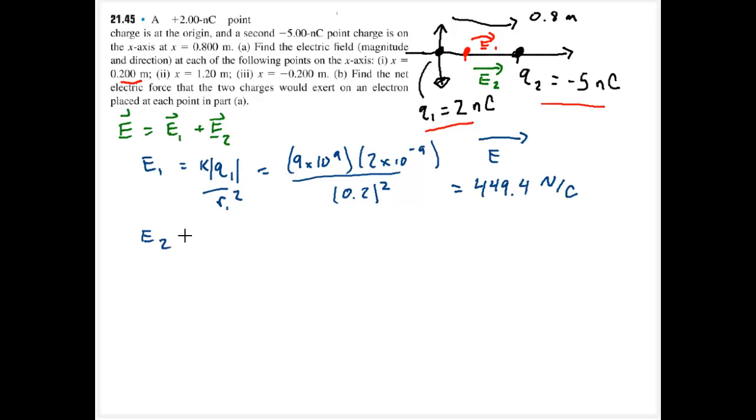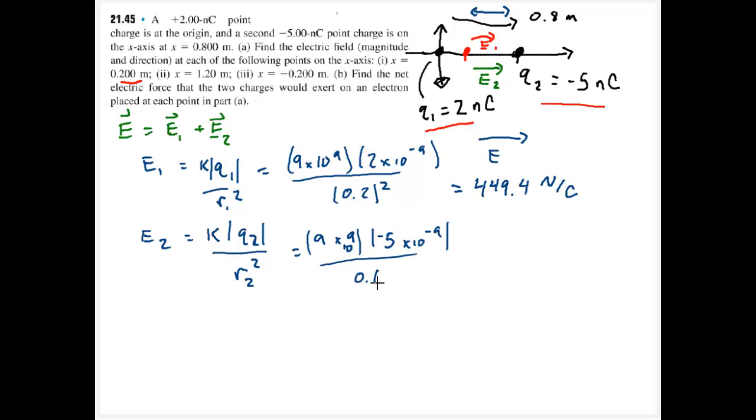Similarly, the electric field due to 2 is going to be K, and then now the magnitude of Q2 divided by the distance to 2 squared. Distance to 2 is going to be 0.6 meters. So again, K 9 times 10 to the 9th. Magnitude of Q2 is going to be magnitude of -5 times 10 to the -9th coulombs.